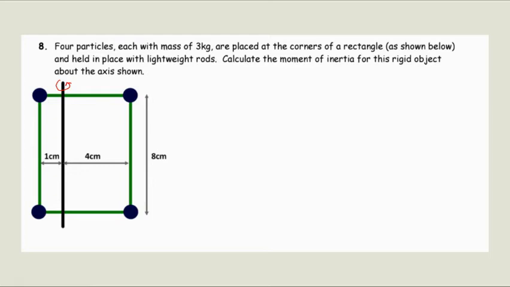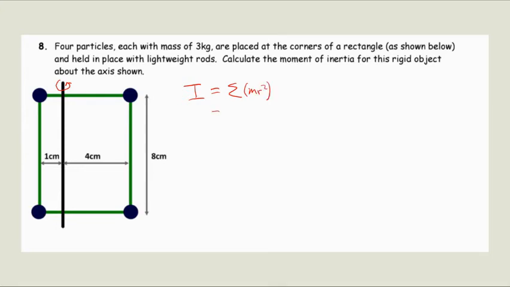So imagine you have a rod, and on that rod you have a box that's spinning around it. When I'm looking at that, I want to figure out what my moment of inertia, or rotational inertia, is. My moment of inertia is the sum of the inertias of each of my point masses.